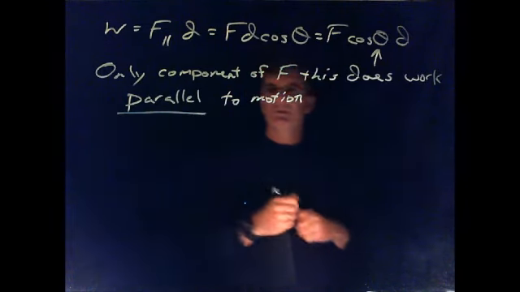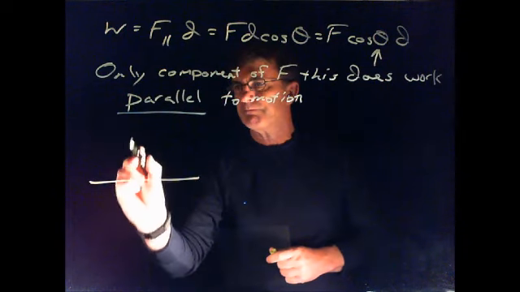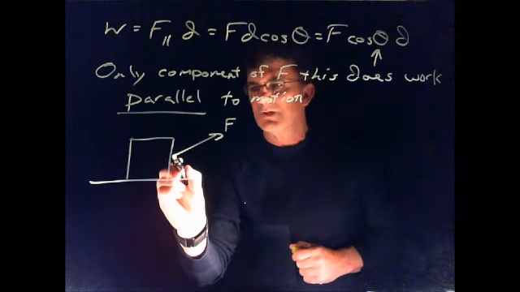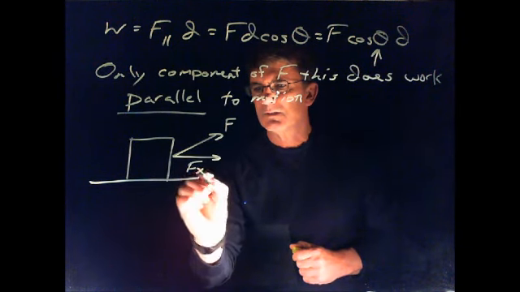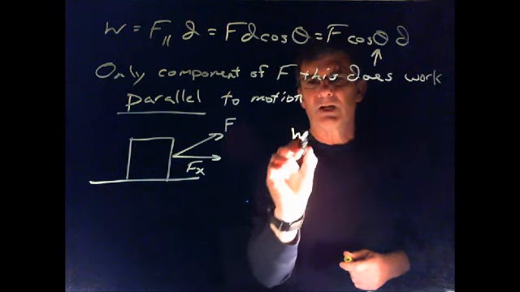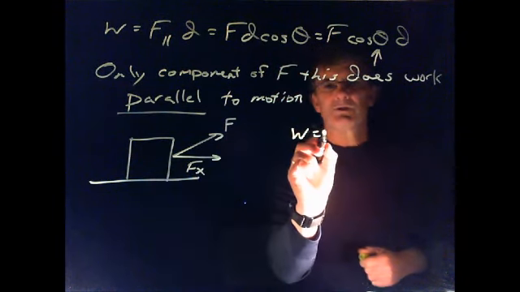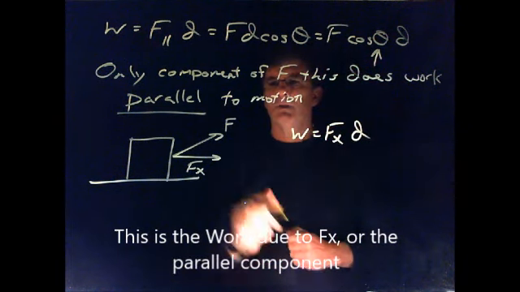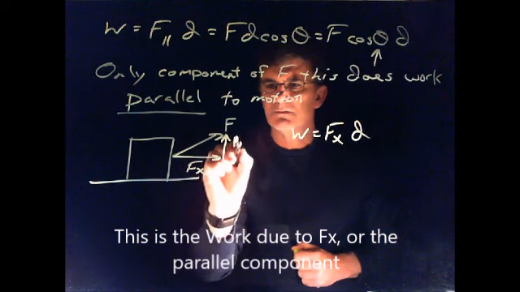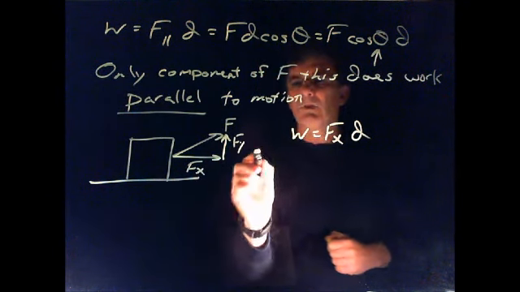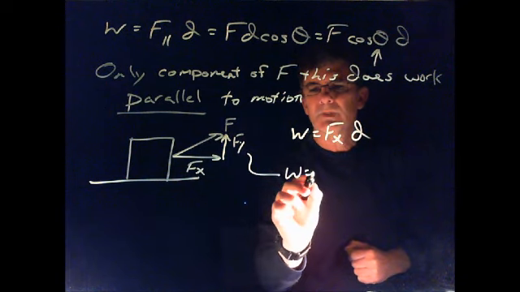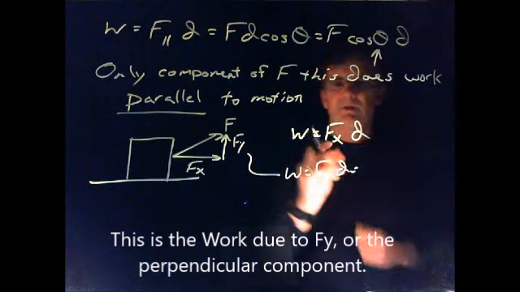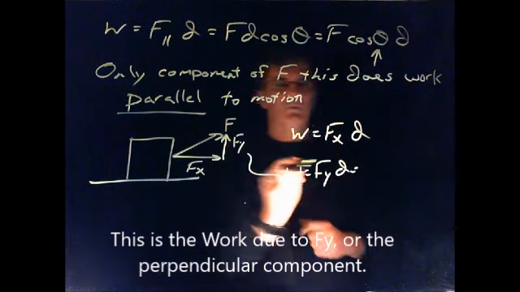So this is kind of interesting. Let's look at our picture again. And this is my force. And I've got a component in the x. So the work done on the box is just that component in the x direction times the displacement. There is a y component. Well, if I look at this work, if I said F y d, remember, it's force times the cosine of theta.